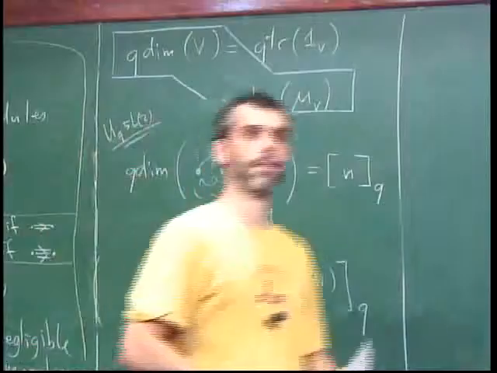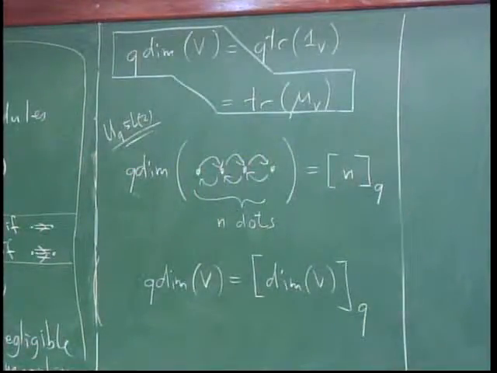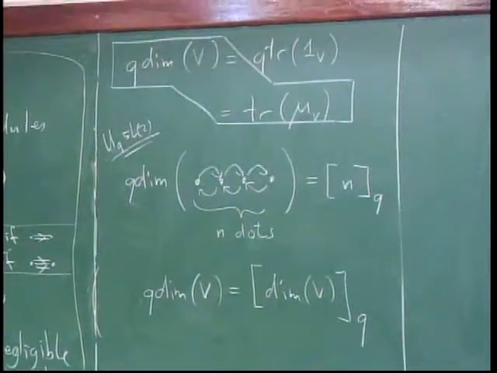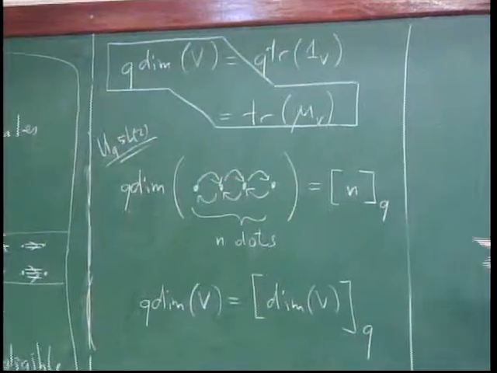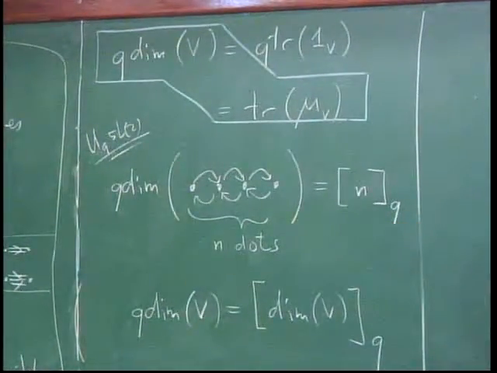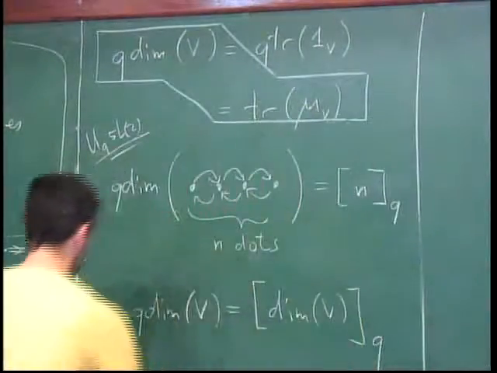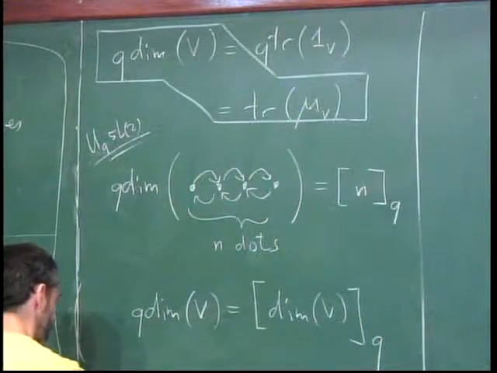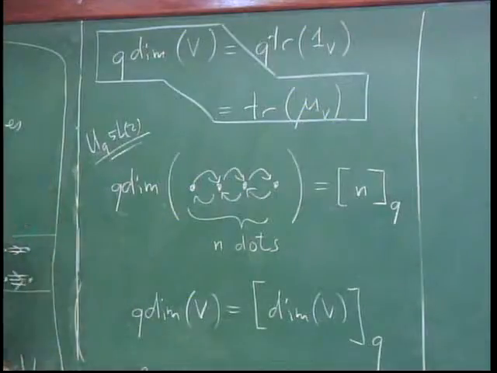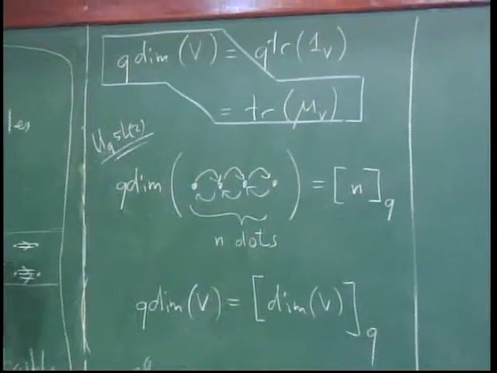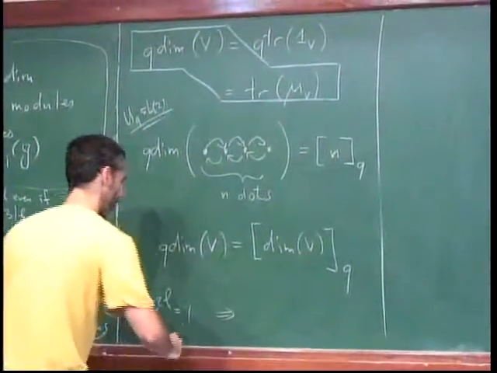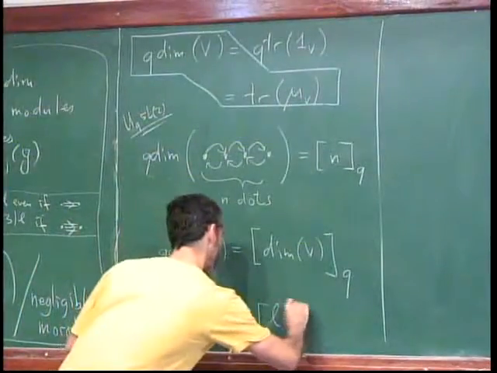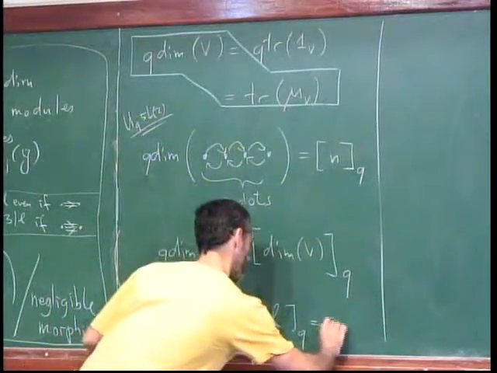Now I want to do the general case. Oh, no, before I do the general case, I want to have a look at which things have quantum dimension 0. So now suppose that q to the 2L is equal to 1. That implies that quantum L is equal to 0.